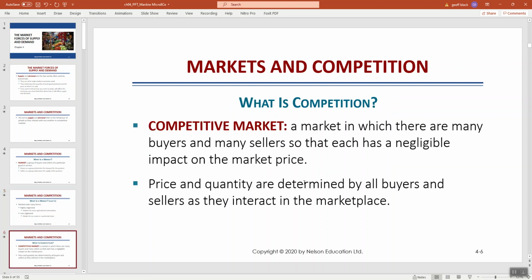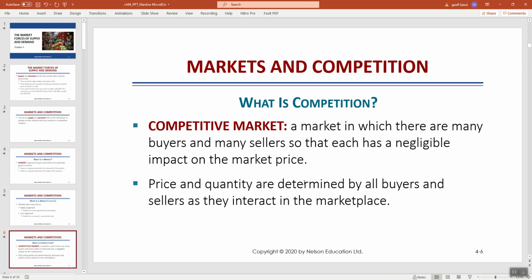So we really need to drill down into this notion of competition, right? We said that in order for markets to exist, there needs to be competition. So a competitive market is a market in which there are many buyers and many sellers, right? And the reason for that is that not one seller or buyer can influence the market price, okay?